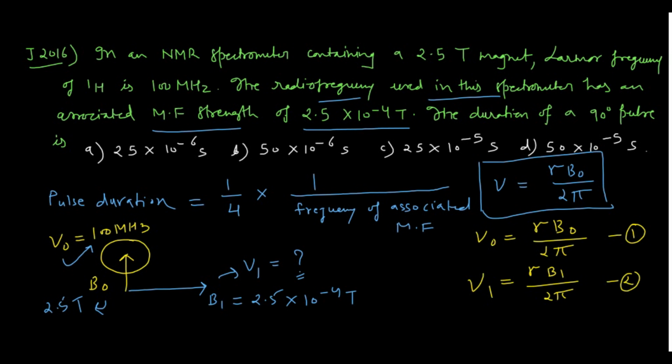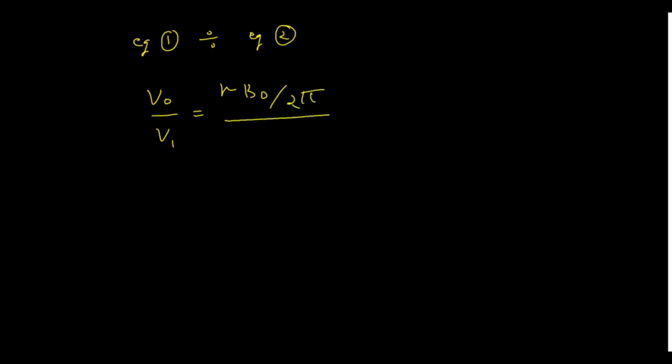What we can do is divide equation 1 by equation 2. So nu0 divided by nu1 equals gamma B0 divided by 2 pi, over gamma B1 divided by 2 pi.